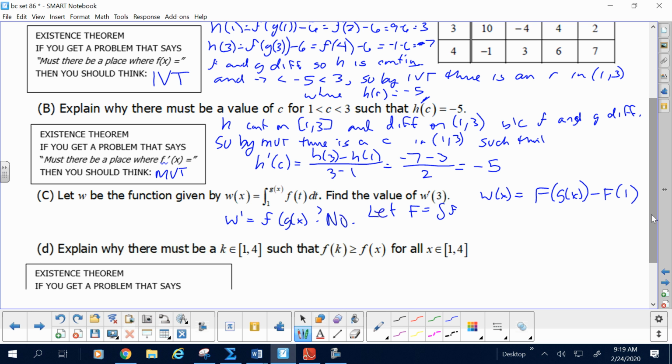So far, so good? All right, now w prime then, you can see why there's a chain rule component. W prime is the derivative of the outside. What's the derivative of big F, which is the antiderivative? Little f with g in it, but then times the inside, g prime. There's a chain rule component to that, minus 0.